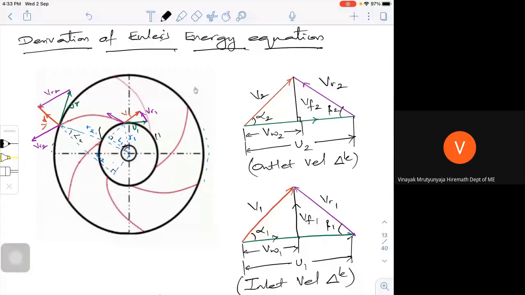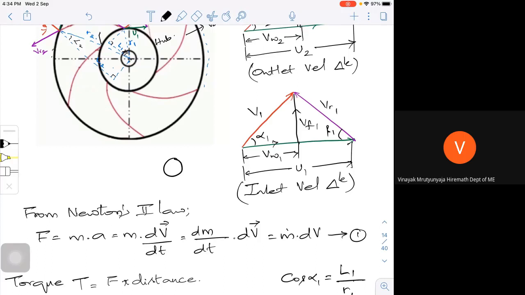This is my hub, this is my tip, and these are the vanes or blades I have taken. Now, to the center point, I am trying to join. You have the velocity which is coming in. This is my wheel.